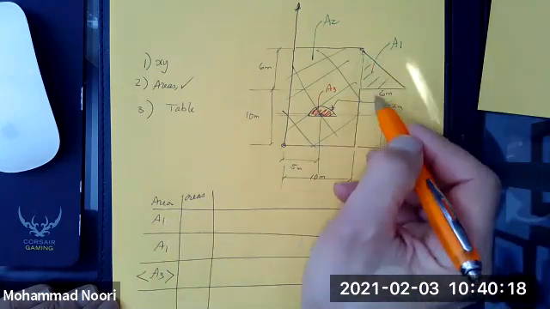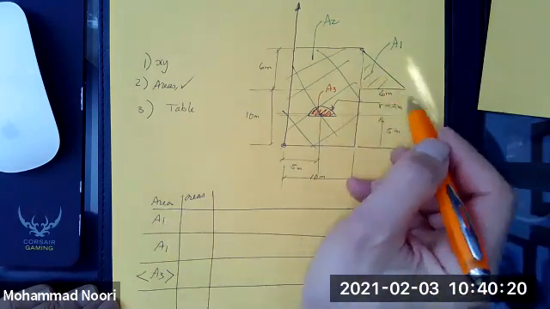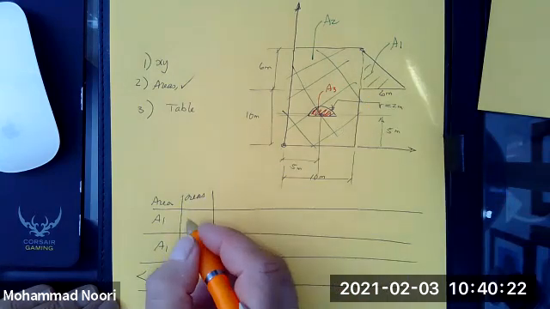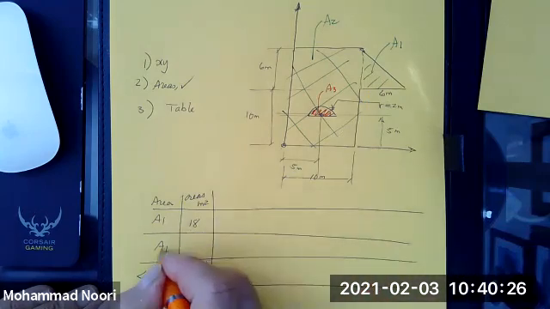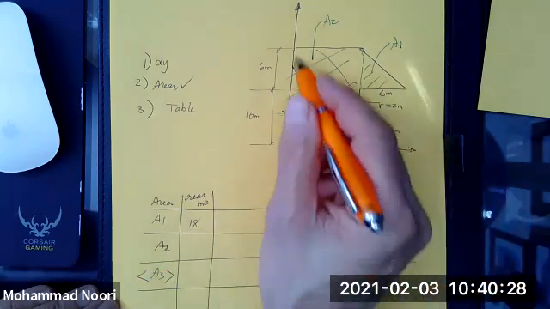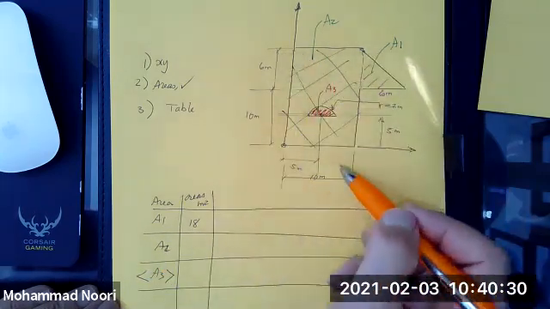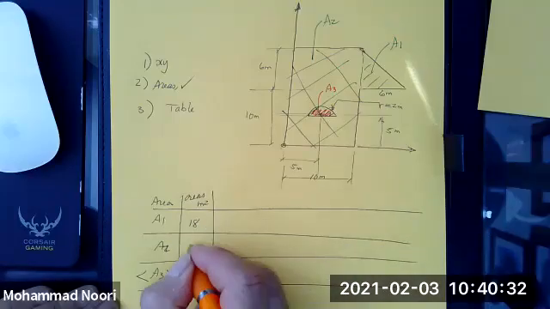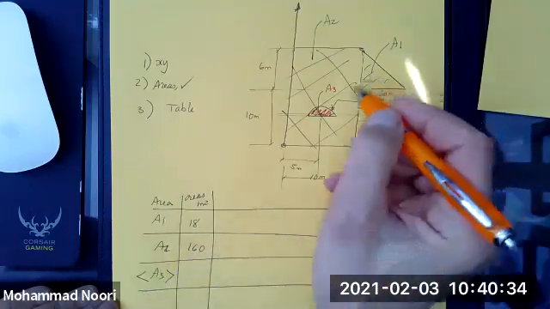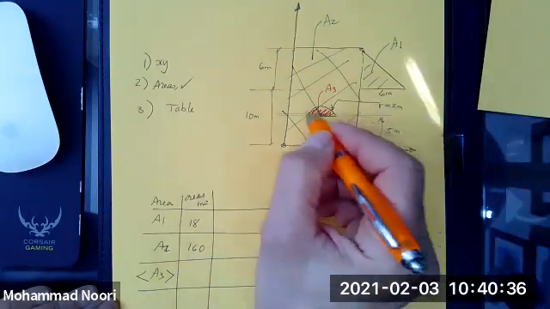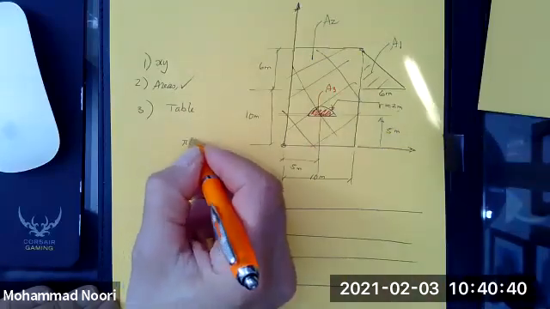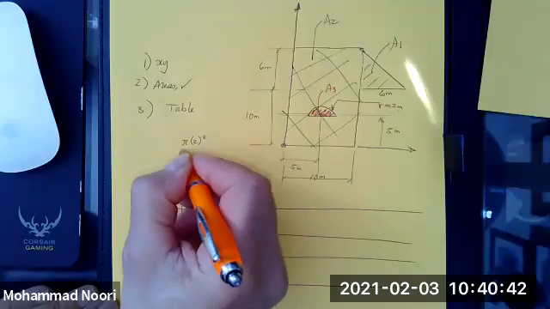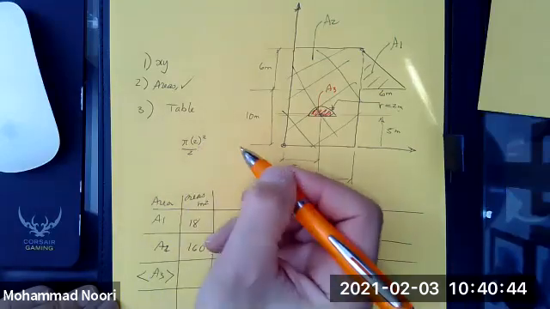This is a triangle, 6 by 6, so it would be 18 meters squared. The A2, which is this rectangle, 16 by 10, is 160. This half a circle, the radius is given as 2, so it would be pi r squared divided by 2, that is 2 pi.